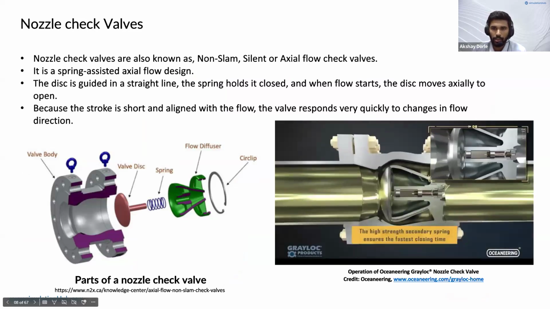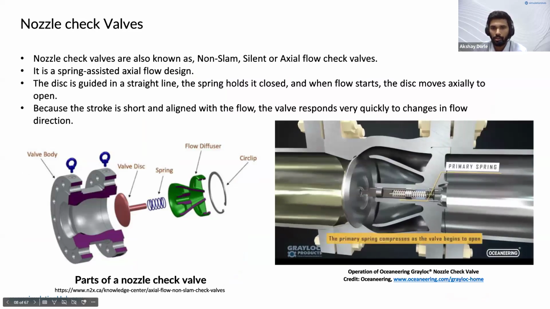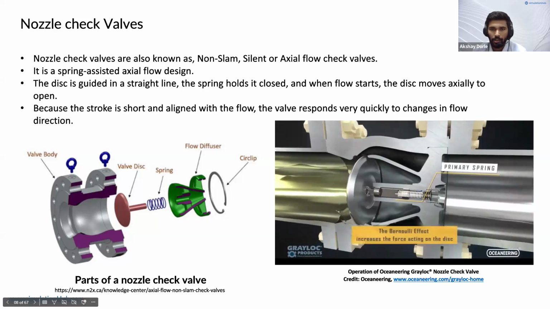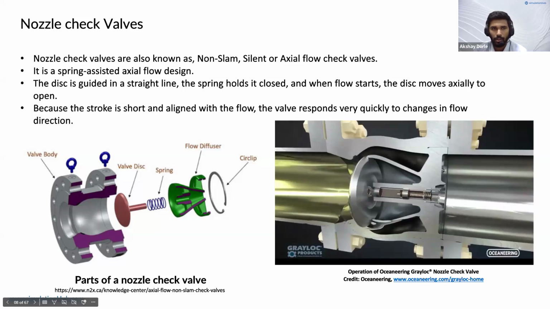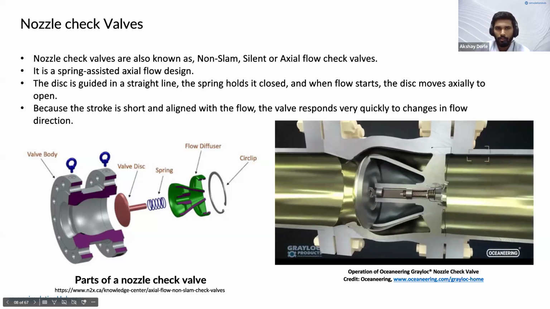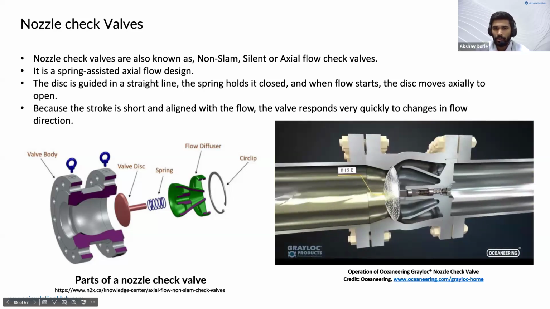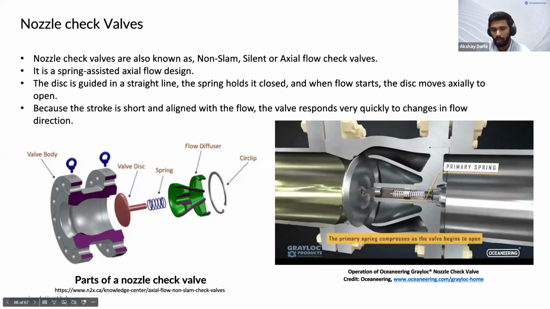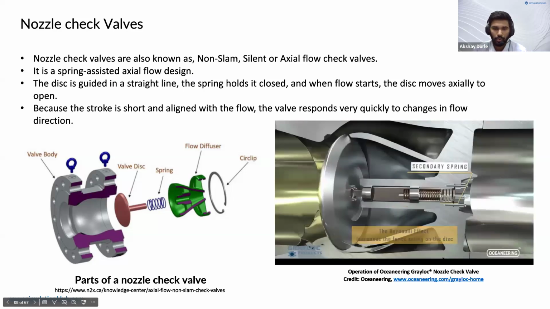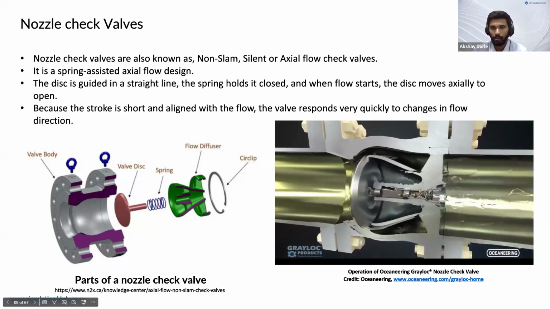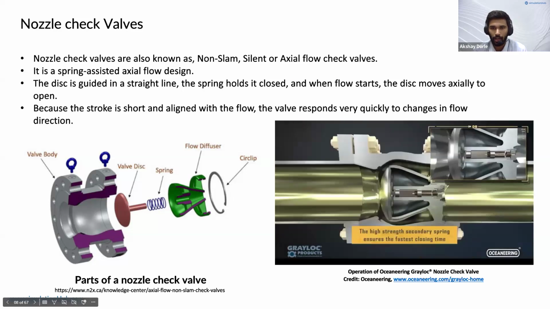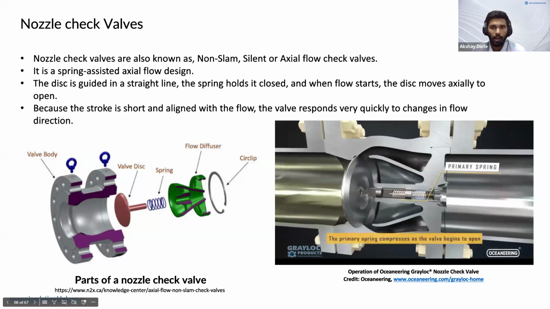As you can see in the video animation running on the right side of the screen, the travel of the disk is in a linear fashion. We'll see in the further slides why this is called a non-slam check valve. We'll understand the phenomenon of slam, then why nozzle check valves are silent or non-slam.